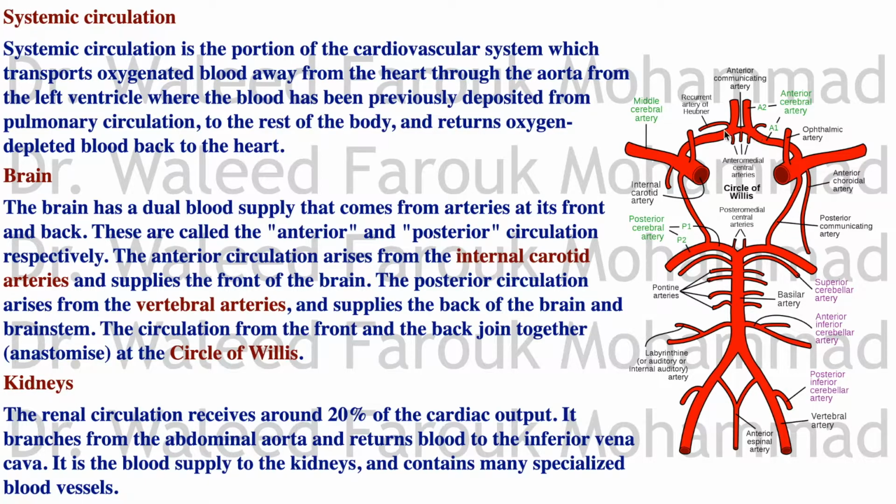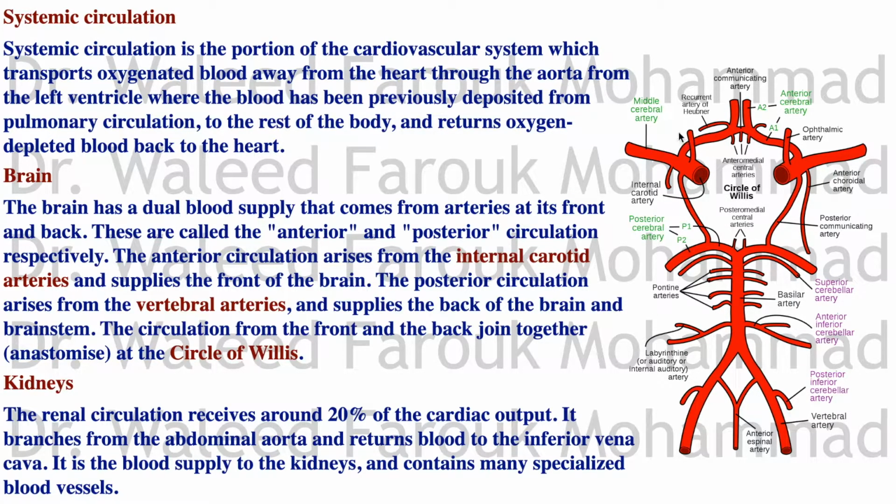There is communication between the two anterior cerebral arteries from the internal carotid, and by means of a branch called the posterior communicating artery to the posterior cerebral arteries. This is the basilar artery and the two vertebrals. This is the circle of Willis: internal carotid, anterior cerebral, anterior communicating, anterior cerebral, internal carotid, posterior communicating, posterior cerebral.